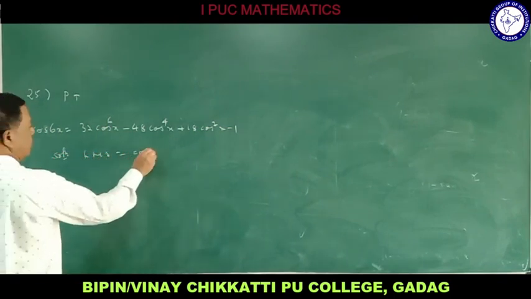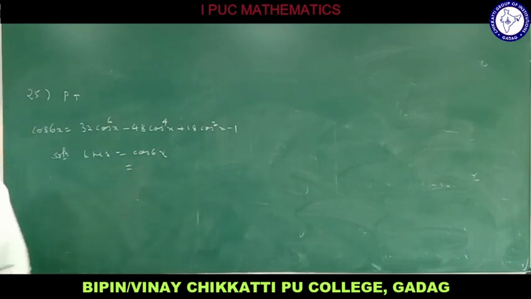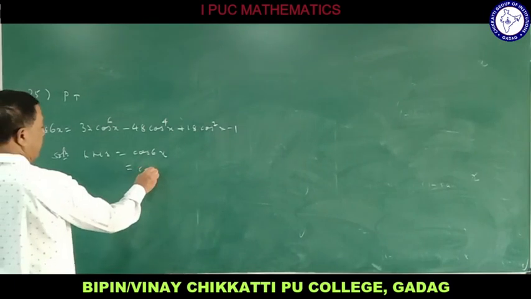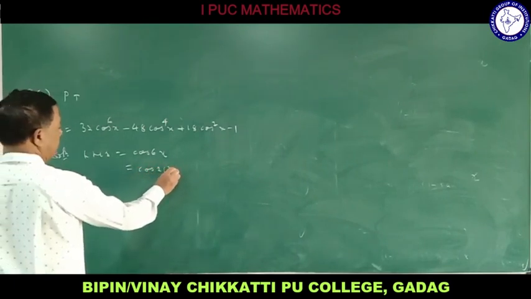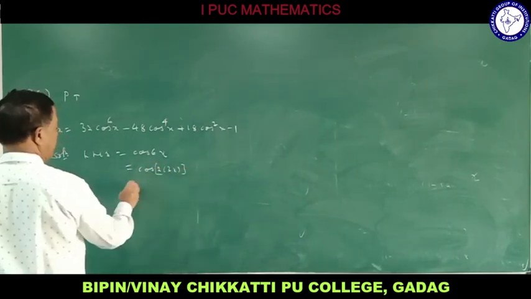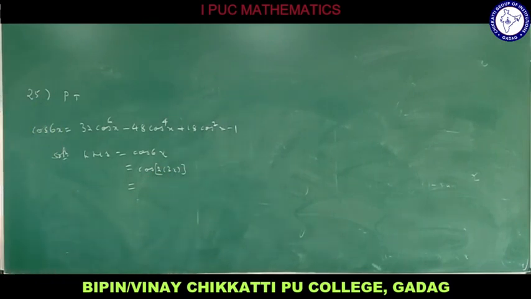LHS is cos 6x. You know that most multiple angle formulae can be applied here, and accordingly you have to see the result. You go for the cos 2x formula, cos of 2 into 3x. There are 3 formulae for cos 2x.